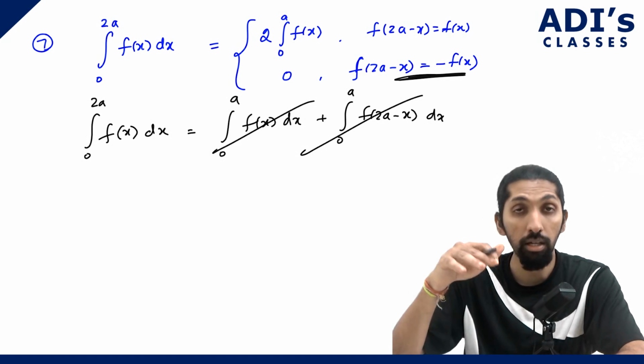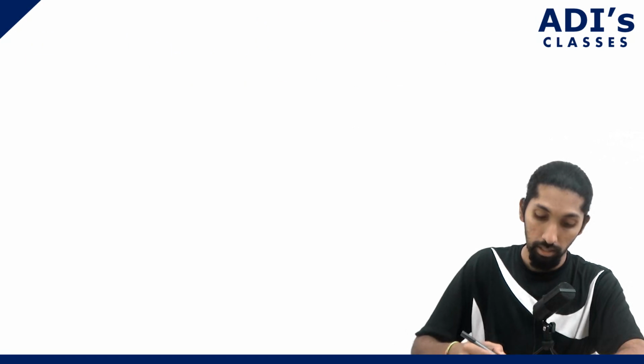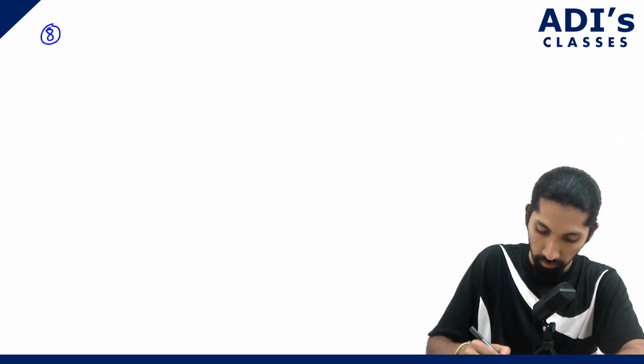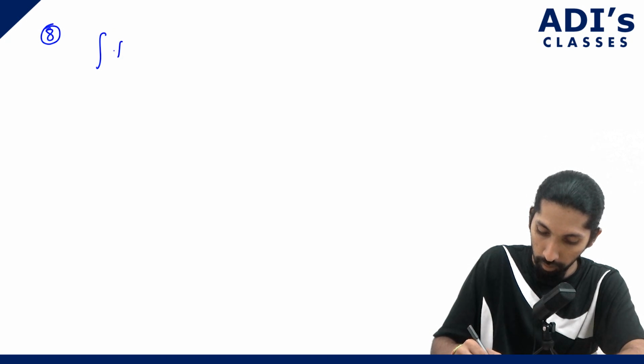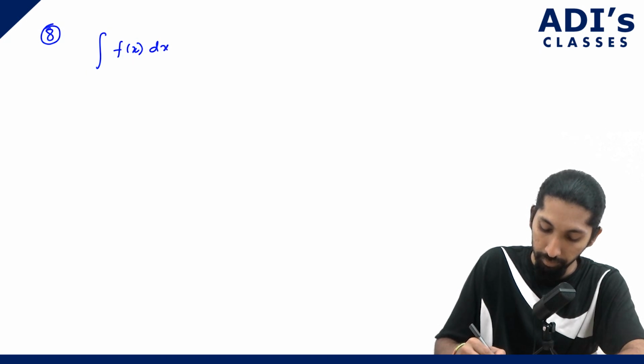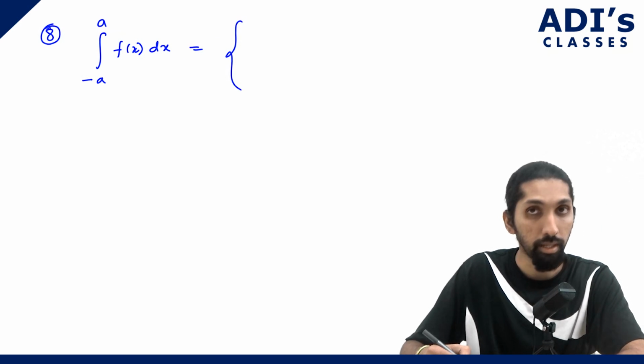Now we'll look into the last property of definite integral. All right. See the eighth property. The property says if you have integral f of x dx from minus a to a, again this has two cases.